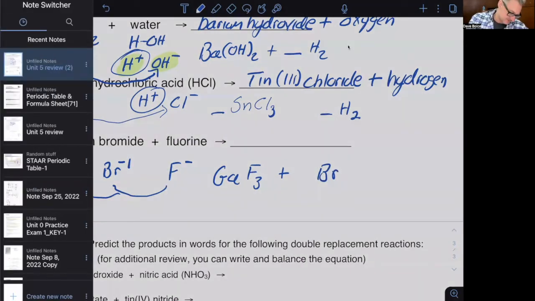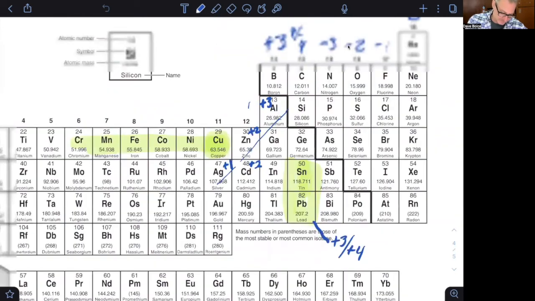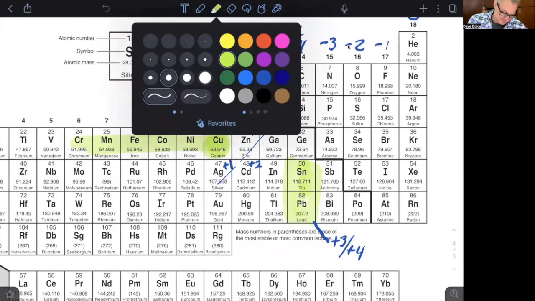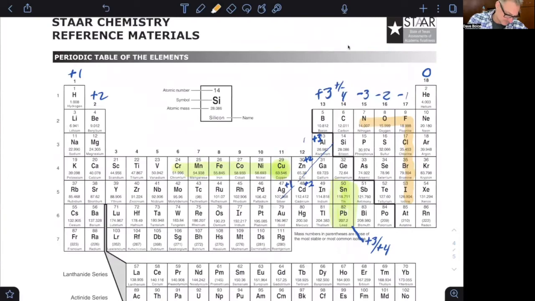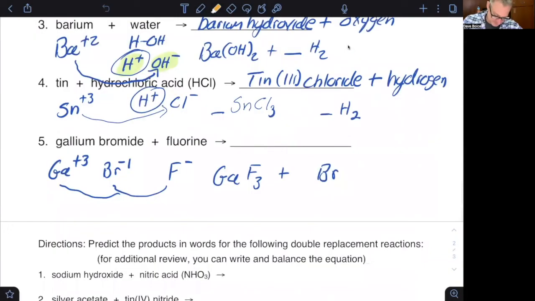And one thing to pay attention to is bromine, Br, is one of our diatomics. We have those. Plus, of course, hydrogen, which always loves to be the exception. So if I was writing that as a formula, I'd be sure to put Br2. But this is gallium with fluorine. So gallium fluoride plus bromine.